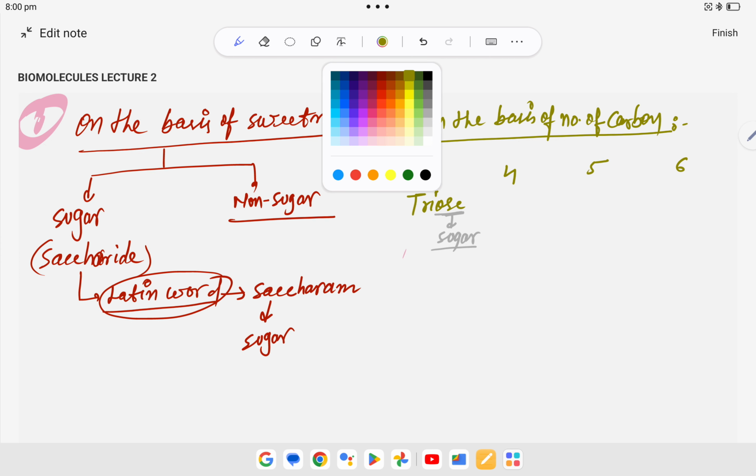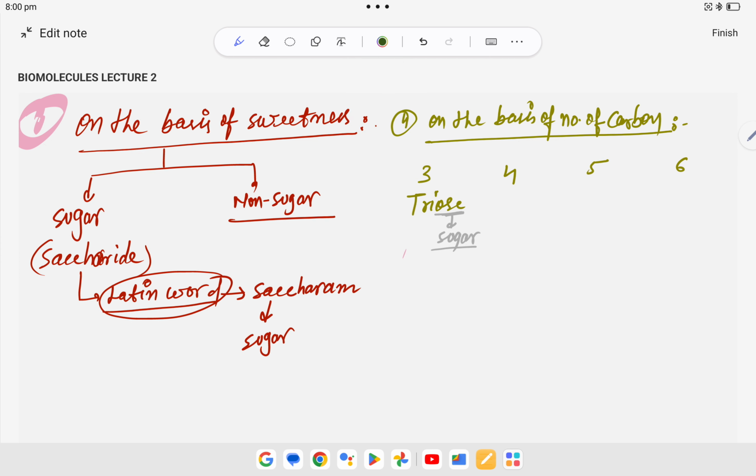Okay. Then tetrose, pentose, hexose, on the basis of number of carbon.